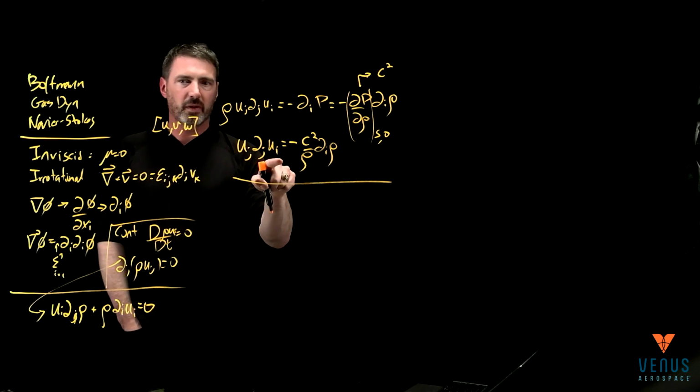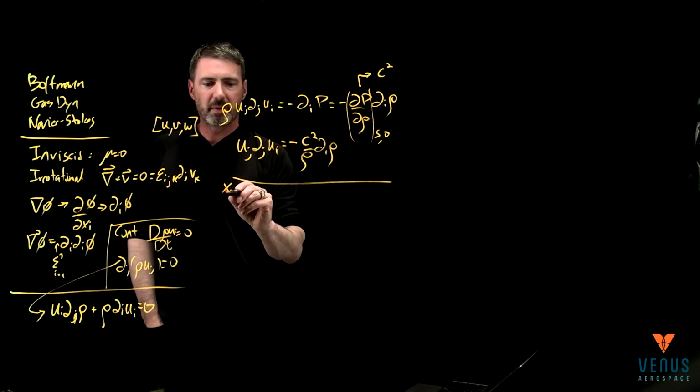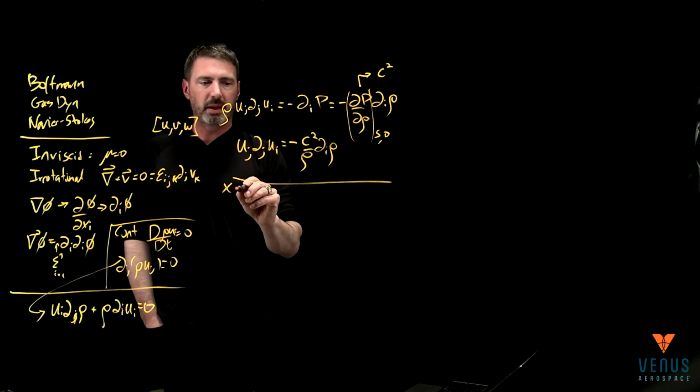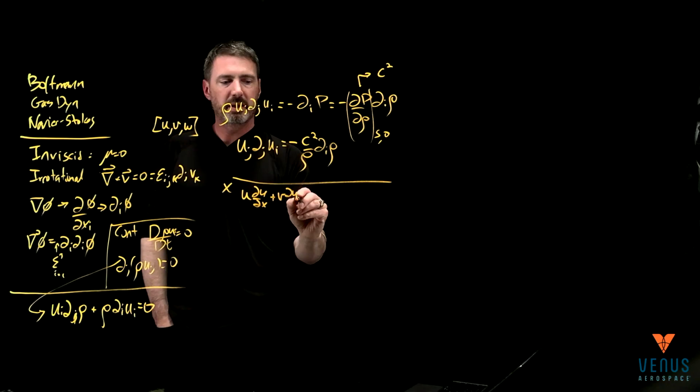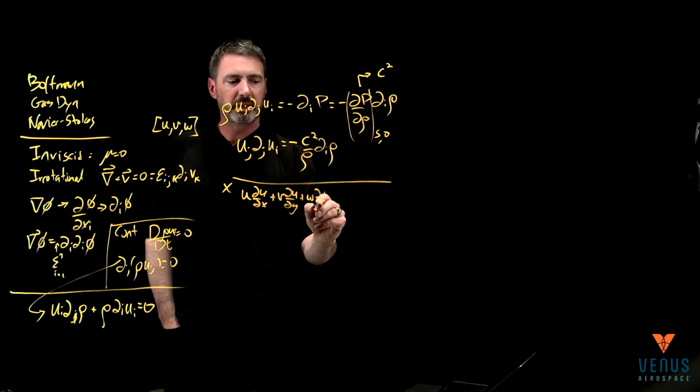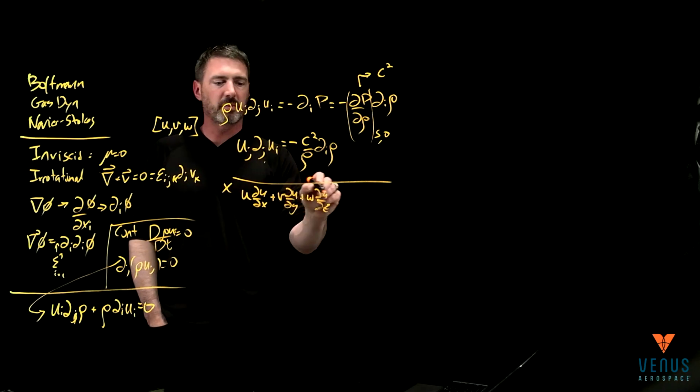So this term, if I was going to look at the x momentum just for a second, I'm looking at u, then it would be u ∂u/∂x plus v ∂u/∂y plus w ∂u/∂z. Right? That's this one term written out.